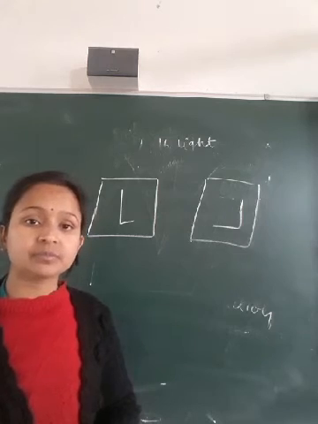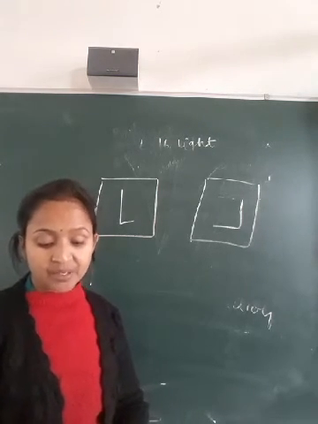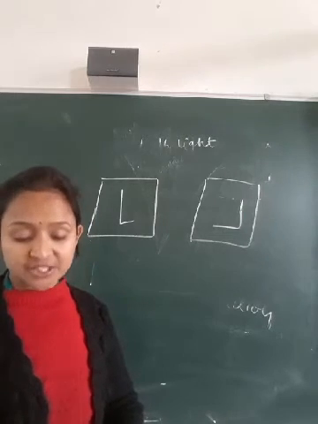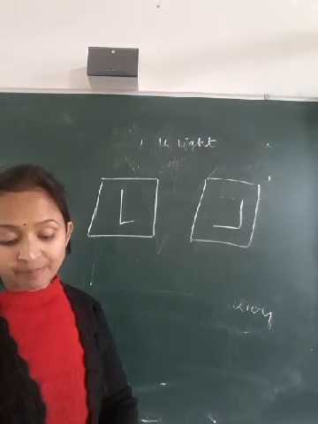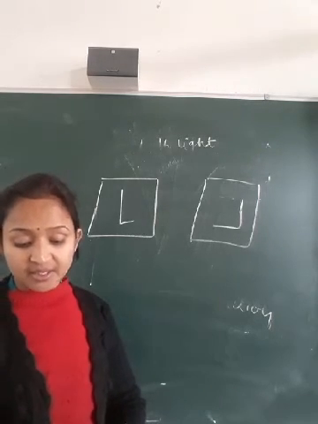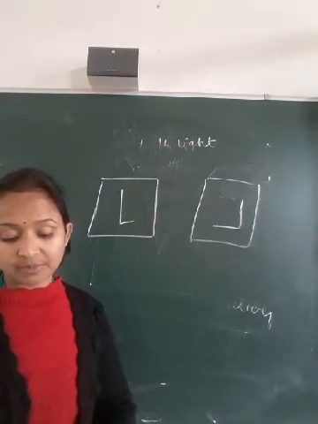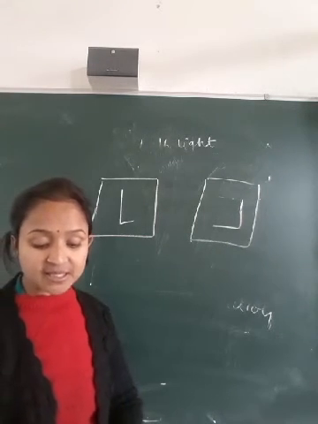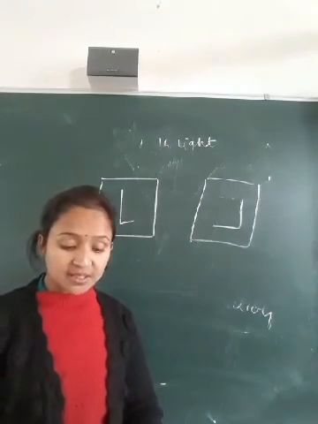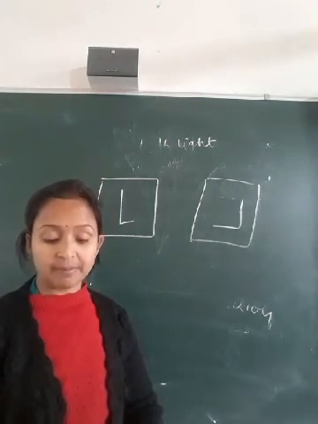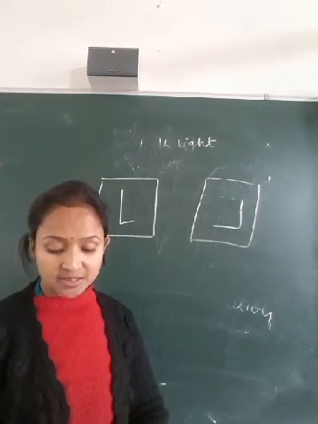The image is formed as far behind the mirror as the object is in front of it. The image is laterally inverted. It means the left hand side of the object appears as the right hand side of the image and vice versa. And the image is erect. So these are the characteristics of the image formed by a plane mirror.